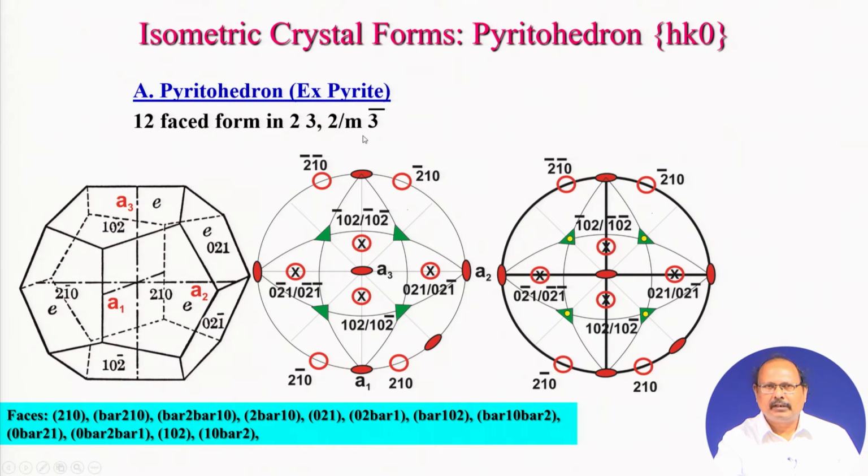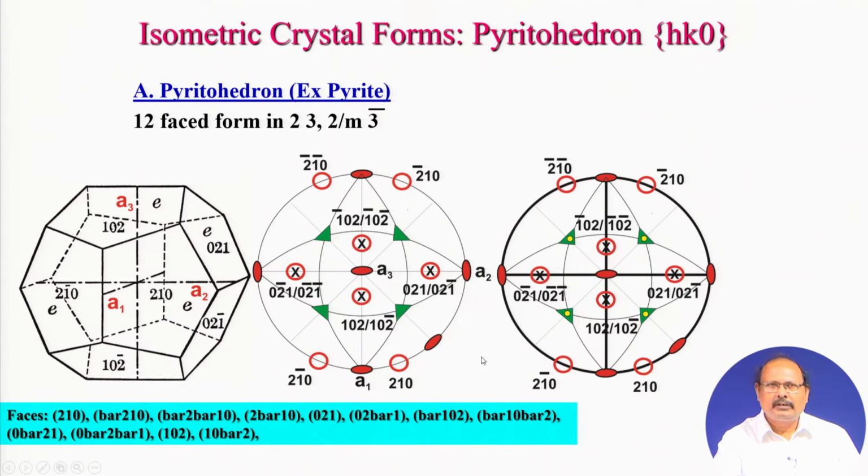Essentially, you have a bar 3, that is the center of symmetry here, which is shown by this yellow circle here inside this triangle. Importantly, if you start with this 2 1 0 again here, you will have the same pattern of the faces that you have seen with 2 3.